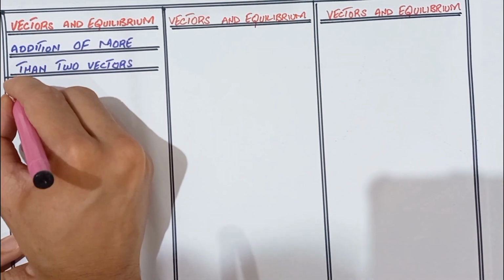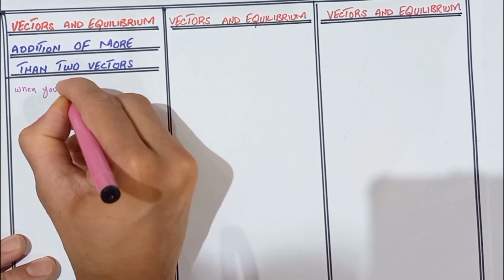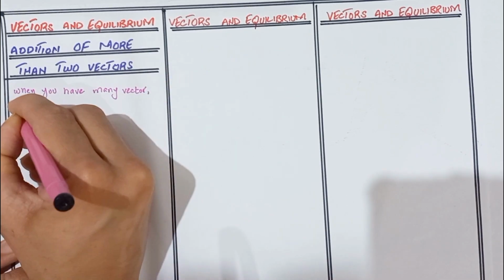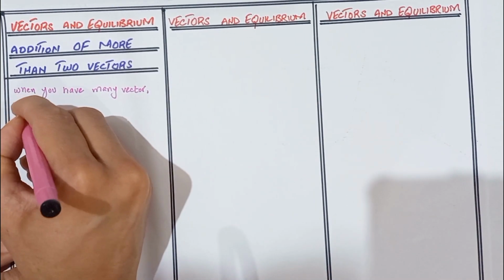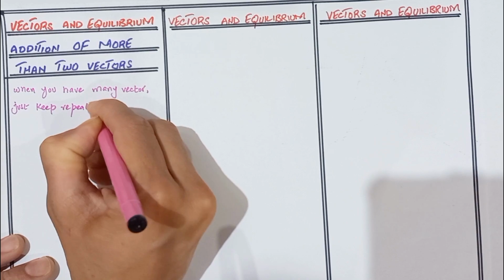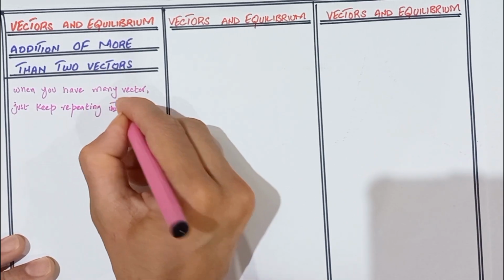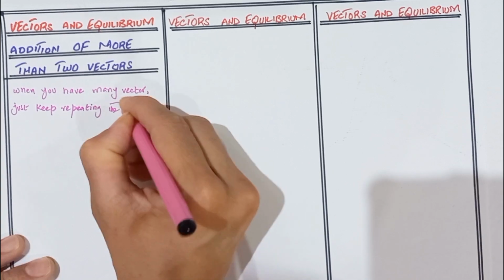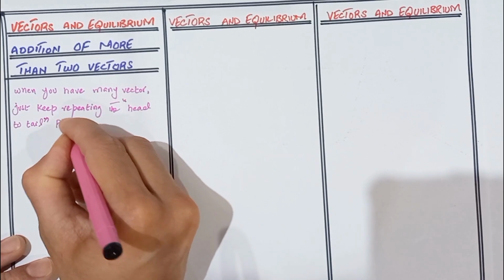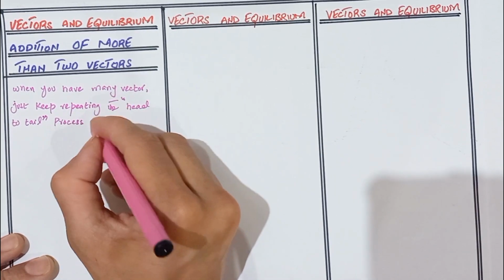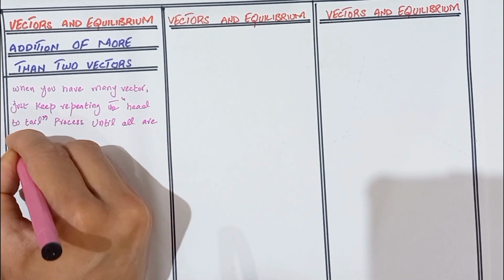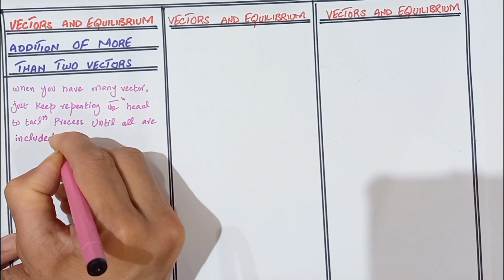Let's suppose when you have many vectors, just keep repeating the head to tail process until all are included.